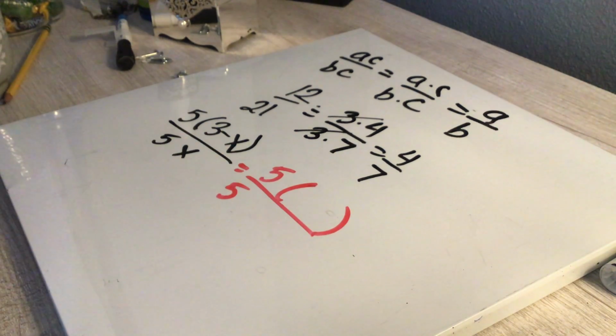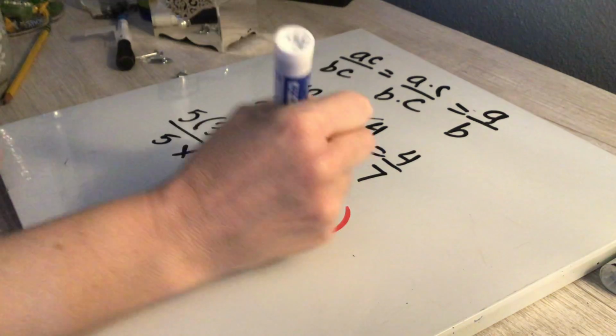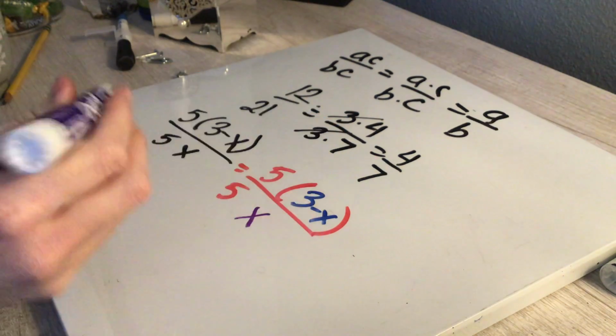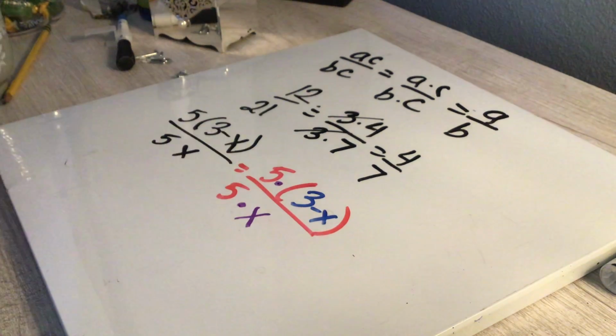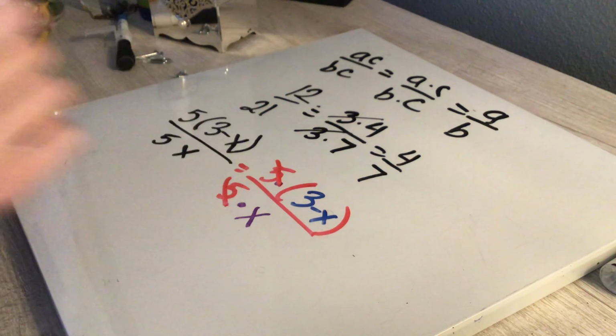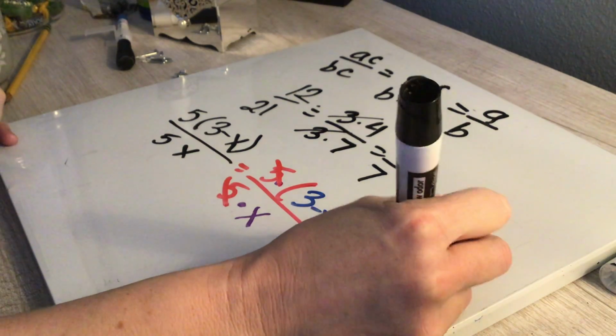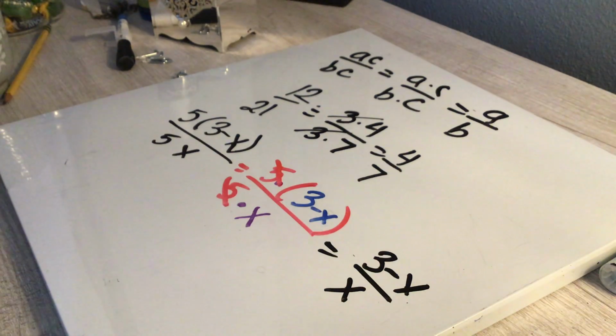Because it's 5 times the quantity 3 minus x over 5 times x. Right, here's our product. Okay, then the common factor is they both are being multiplied by 5. So I can cancel out a 5 because it's common to both, and then I end up with 3 minus x over x.